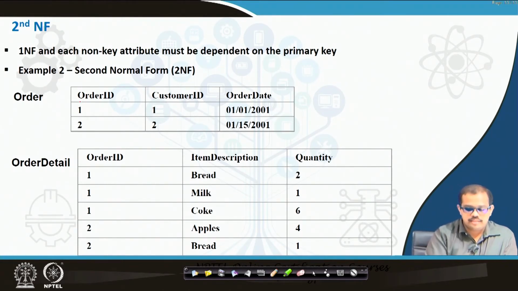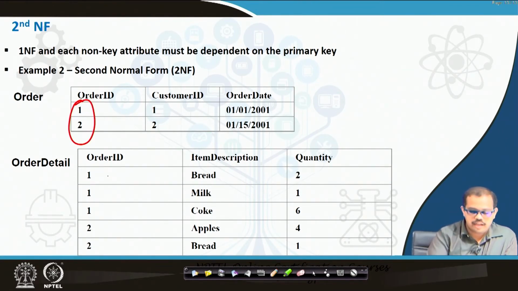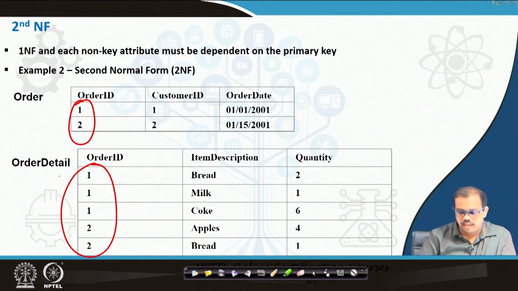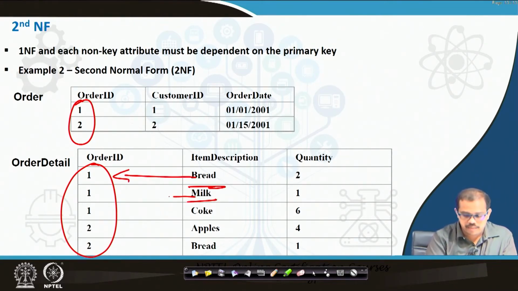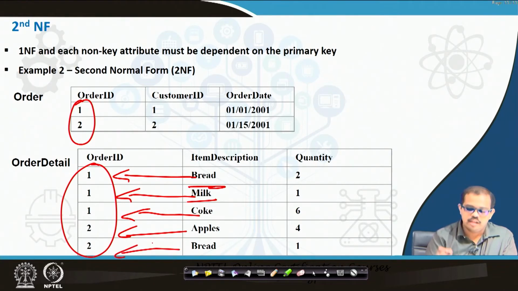So, I consider here order ID as a primary key. Again, order ID is here the primary key. Now, each item here is dependent on the primary key for its existence. This is a non-key attribute. There is no key associated with it. So, it is dependent on the primary key.